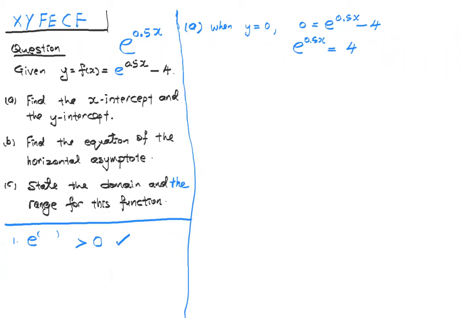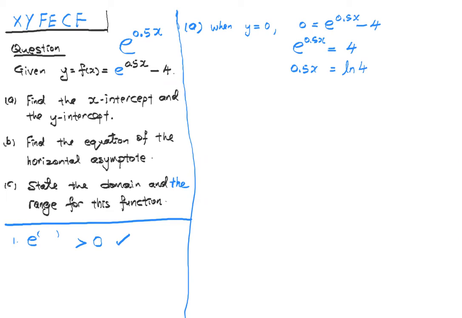Okay, so I say 0.5x equal to log to the base e, we write as ln 4. So this is the exact value of ln 4. If you use your calculator, you get ln 4 as 1 point something. That is an approximate value.